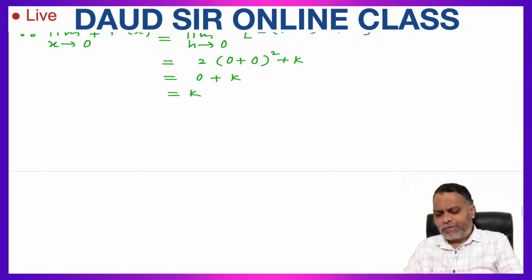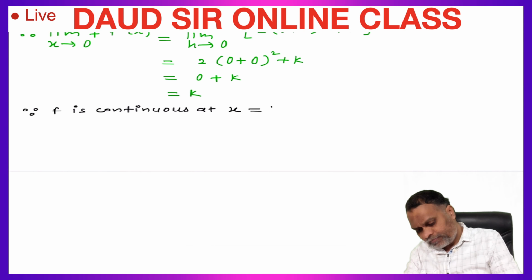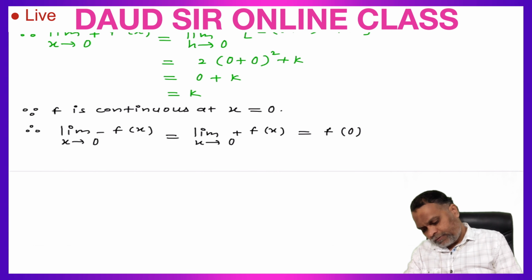So since this function is given continuous at x is equal to 0, since f is continuous at x is equal to 0, therefore left hand limit is equal to right hand limit is equal to f of 0, which implies left hand limit k, right hand limit k, and f of 0 also k.